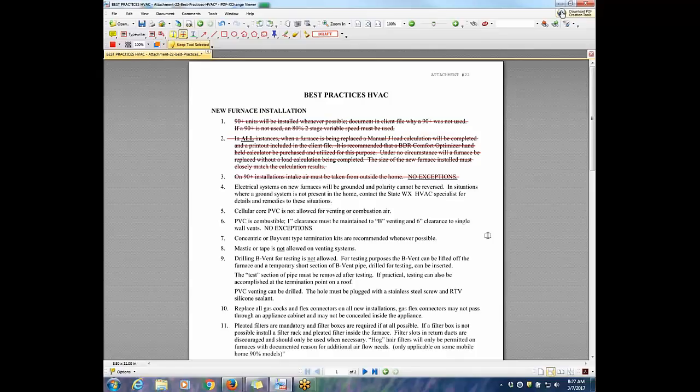You defeat the whole safety purpose behind a direct vent sealed combustion appliance. If your contractor's not doing it, there's nothing wrong with running an intake vent to the outside anyway. Yeah, and you could address that as health and safety if you ran across it, and that's what I would do. Again, if you run across it and you're not going to take care of it, then you need to do a CAS test on that appliance.